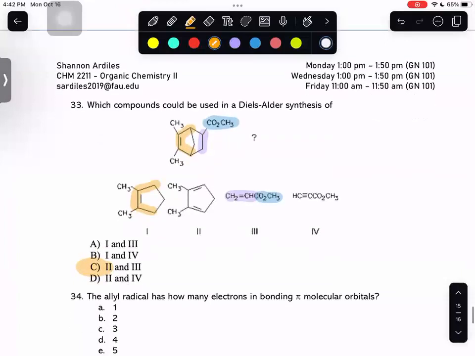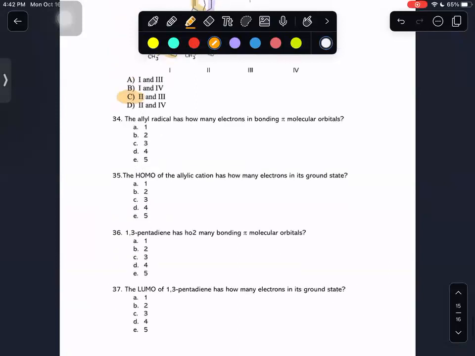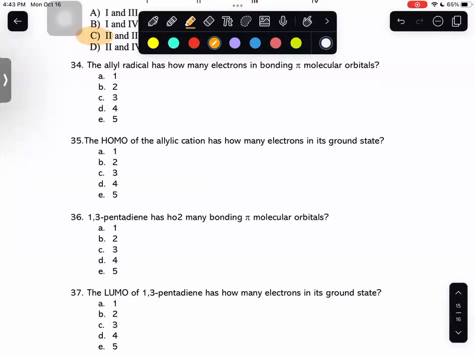Okay, for the next 4 questions, I'm going to give you guys about 10 minutes or so to draw the energy diagrams. Okay? We're going to take our time.